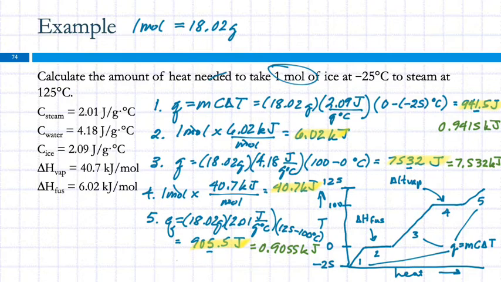So I can add those up: 0.9415 plus 6.02 plus 7.532 plus 40.7 plus 0.9055, and the total is 56.099 kilojoules, or 56.1 kilojoules.